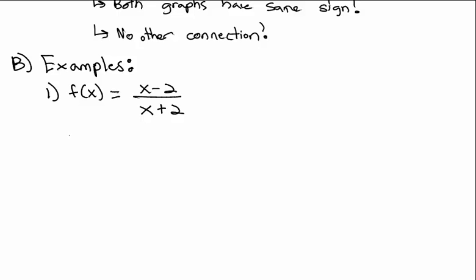First, we're going to find the x-intercepts. To find the x-intercepts, we make the numerator equal to 0. x minus 2 equals 0. If we add 2 to both sides, we get x equals 2. There is the x-intercept.